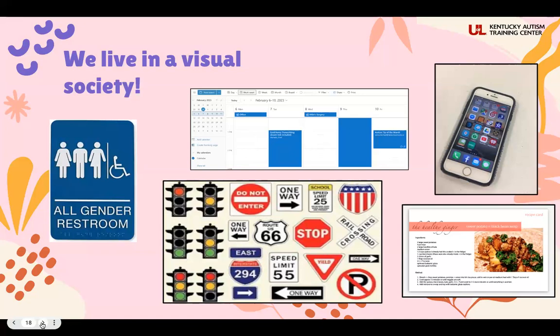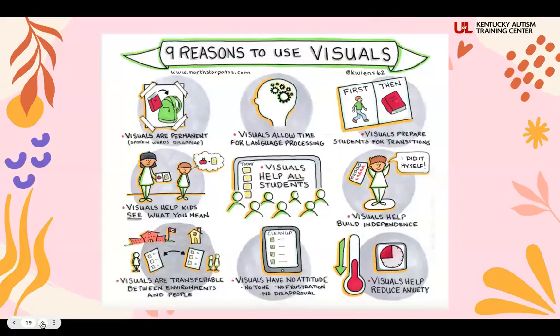And it communicates that message very, very quickly, and that person can look and see that consistency or look for that sign. So lots of good reasons to be able to use visuals. And this is one visual about visuals that I love. It pretty much summarizes all on one page all the benefits of using visual supports.